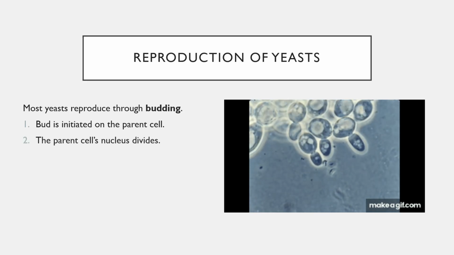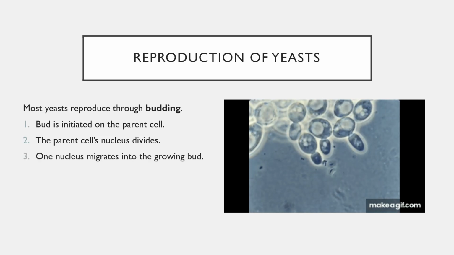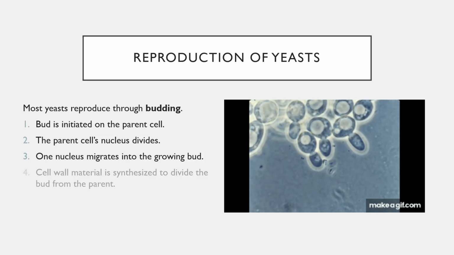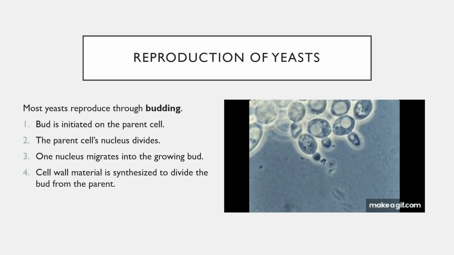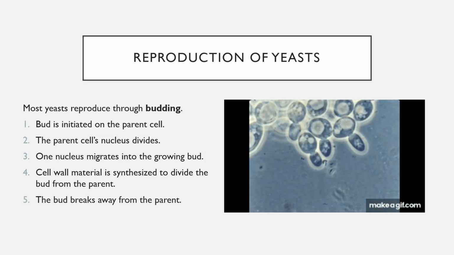Two copies of the nucleus will be created, and then one of those identical copies migrates into the developing bud. Once the nucleus has landed in the bud, cell wall material will be synthesized in order to divide the bud from the parent cell, and then eventually the bud breaks away from the parent.